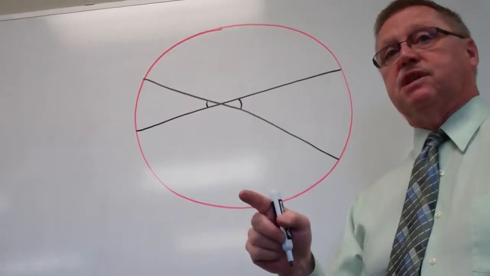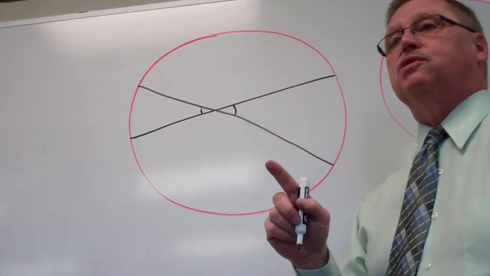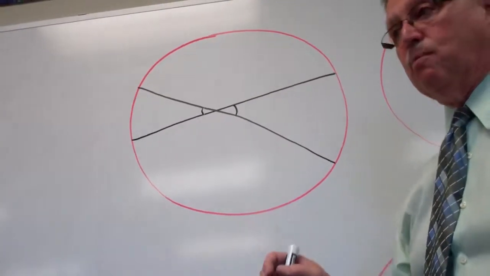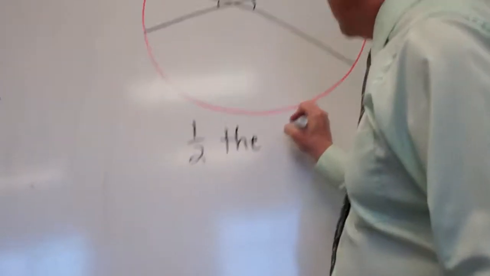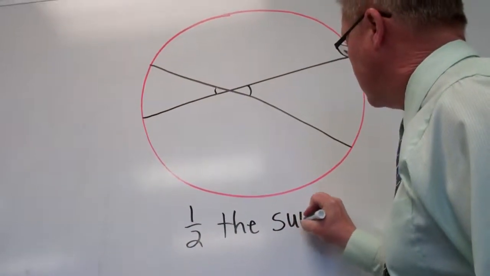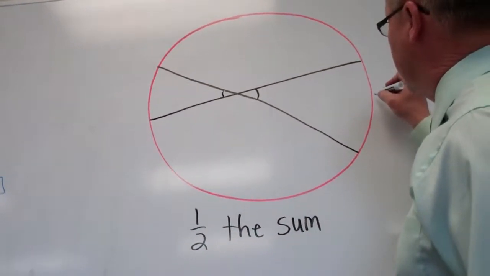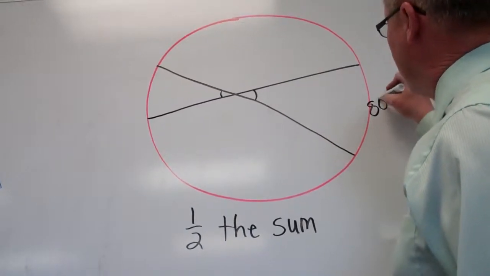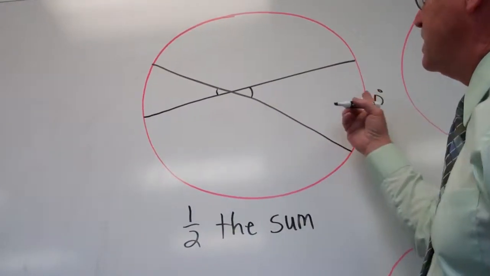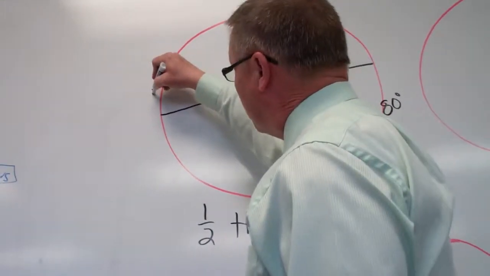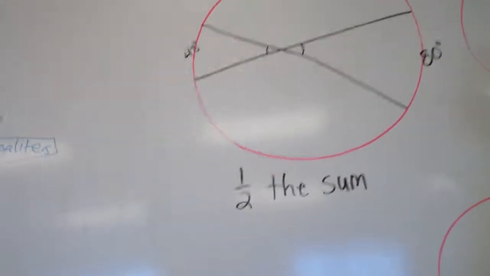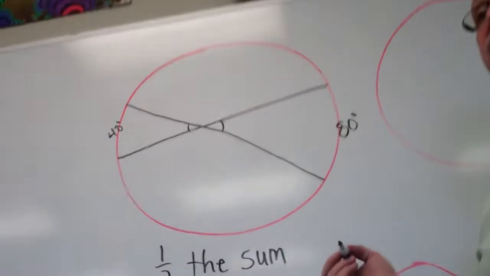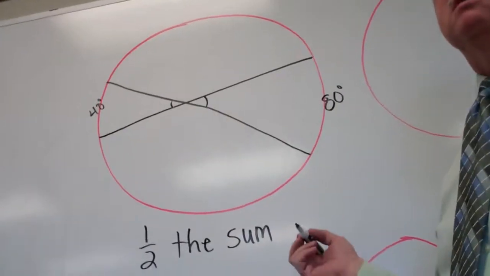So the rule Jacob says is they will be equal to half the sum of what you catch front and back. Half the sum. So if you have maybe 80 degrees of arc caught on the big side and 40 degrees of arc on the small side, we're going to just be taking the average. Half the sum is average, right?